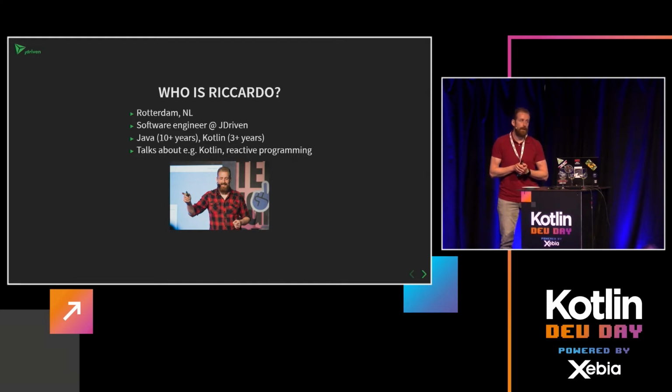So I decided, okay, I'm probably not the only one that's making these mistakes, so maybe I can share my knowledge about coroutines and help you by not making the same mistakes I did. This is not a very advanced talk or a deep dive into coroutines.